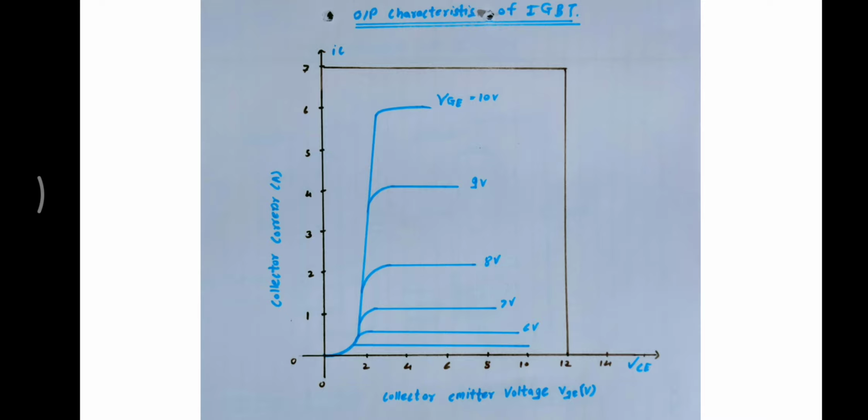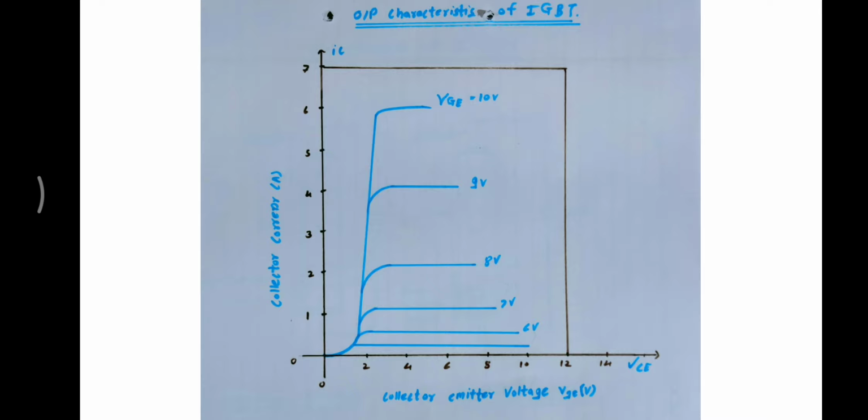There are three regions. First is the cutoff region. When VGE is below the threshold, the IGBT is off and IC is equal to 0 even if VCE increases. Next is the active region. In the active region, when VGE is sufficient, the IGBT is turned on.